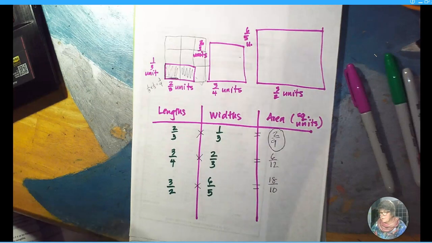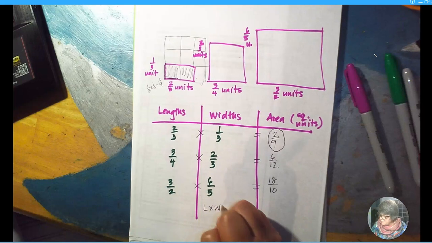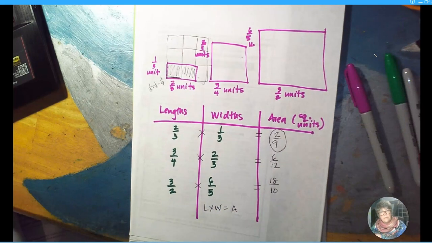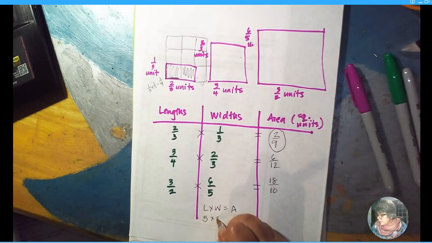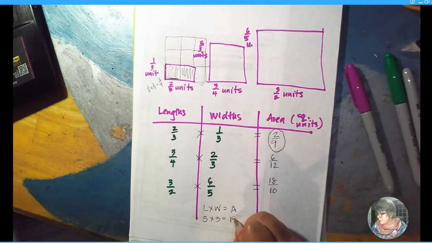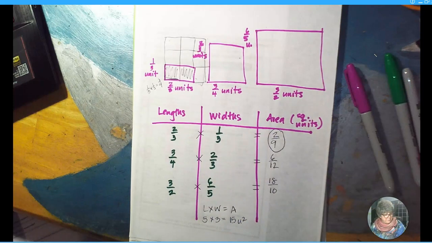Multiplying length times width equals area. It's the same. We have the formula length times width equals area. And if you don't know that for whole numbers, you should know it, because if my length is, say, 5 and my width is, say, 3, then my area would be 15. And I'll just say units squared, could be meters squared, could be feet squared, anything like that.